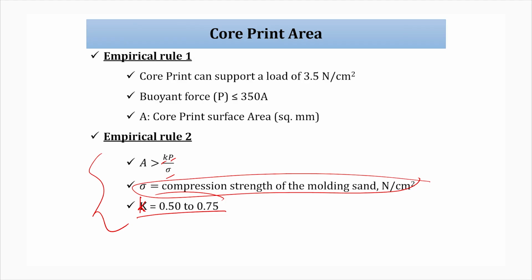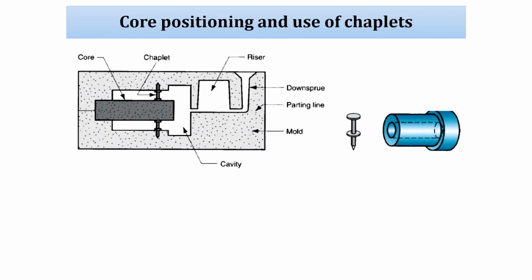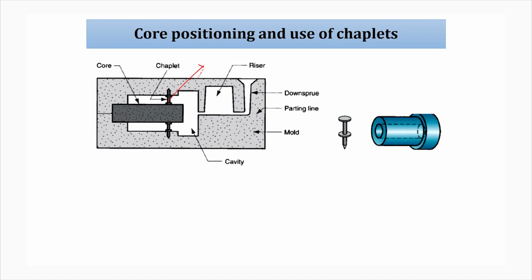Now, core chaplets. If your core print is hanging and P is very high because you are not able to hold it, you can place some additional support from the top to balance your extra P. That is called a chaplet.